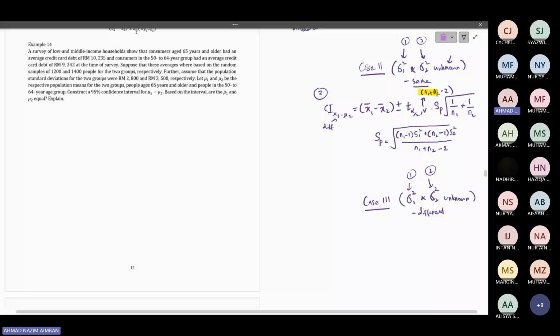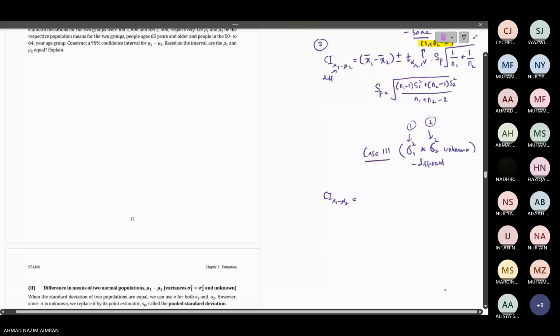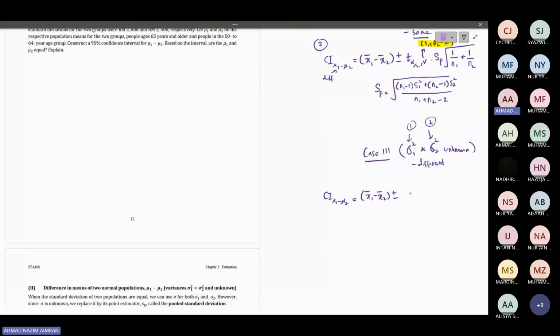Okay, and for case number 3, it is the confidence interval of the difference between the two populations, equal to x bar 1 minus x bar 2 plus minus, same as unknown.